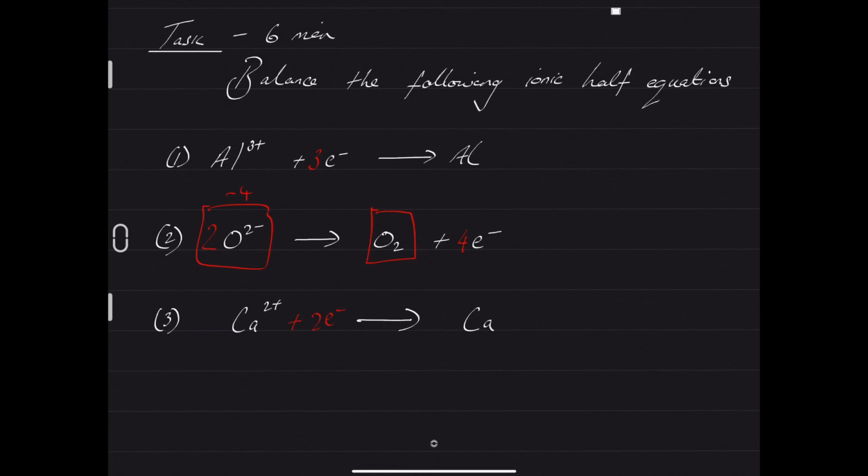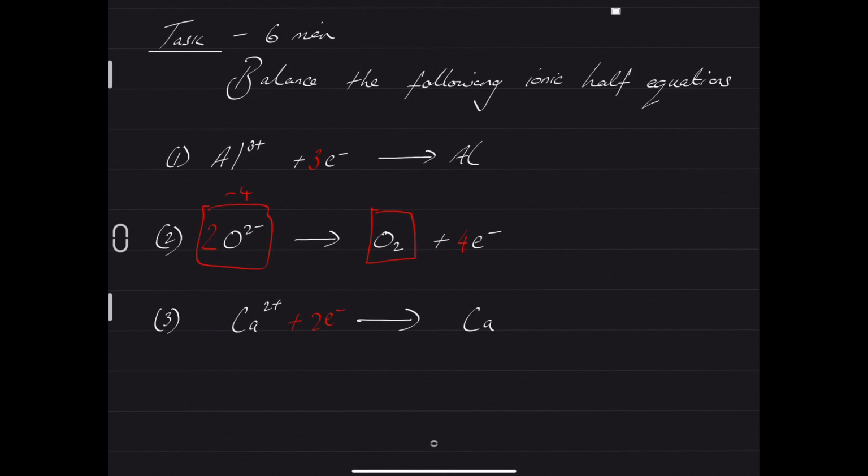If a Ca2+ ion is going to a calcium atom, this must mean that 2 electrons were needed to balance out this positive 2 charge, and so we needed 2e- put here on the left hand side.